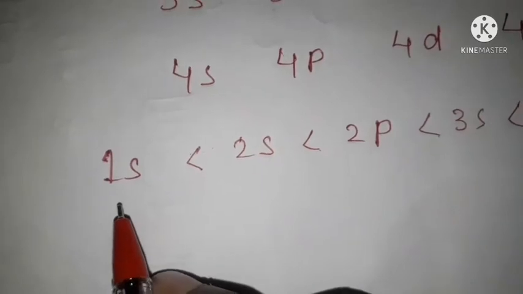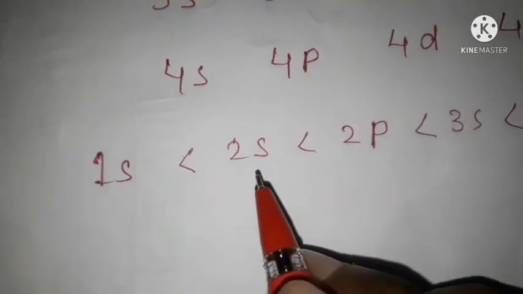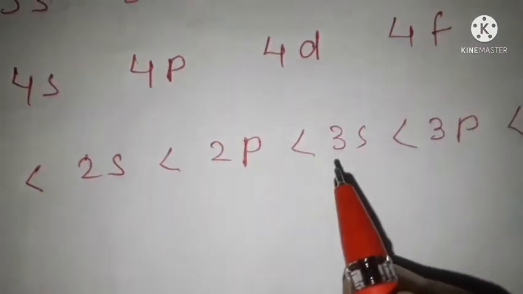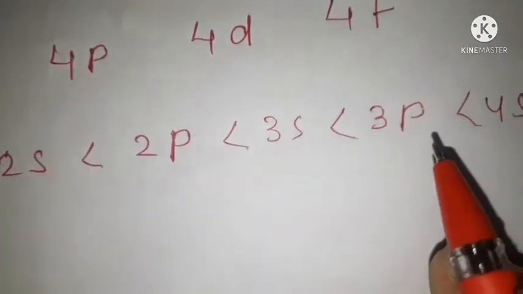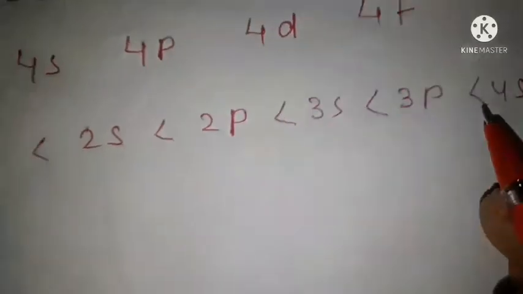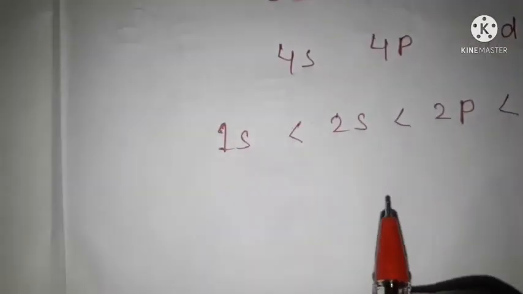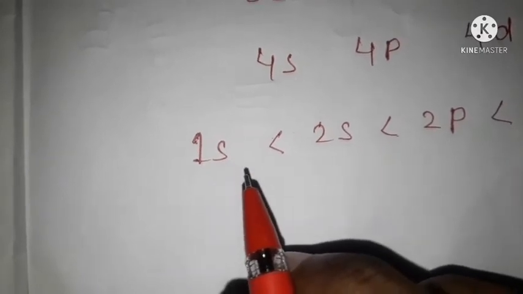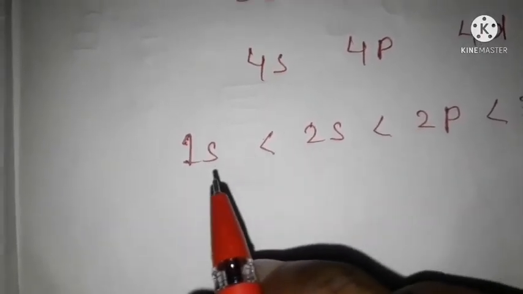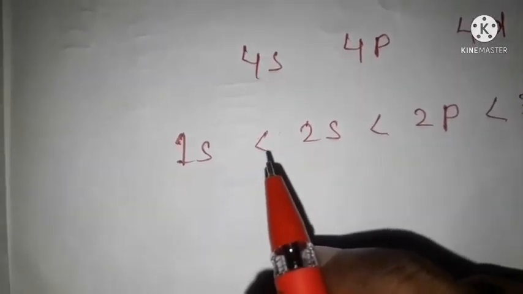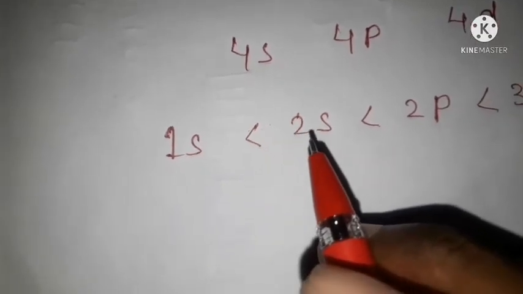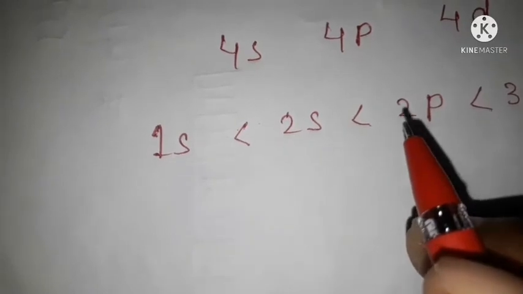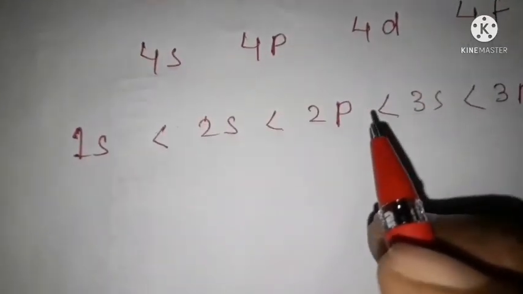First we use 1s, then 2s, then 2p, then 3s, then 3p and 4s. First the electron fills 1s, then after filling this it fills 2s, after that 2p, after 2p then 3s.